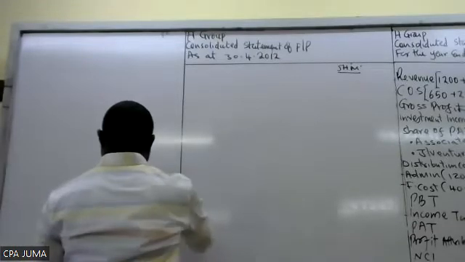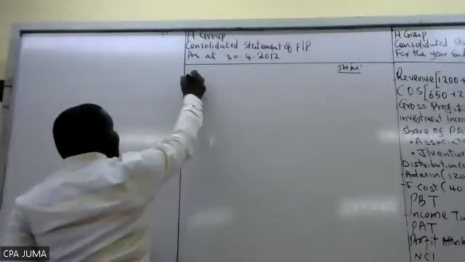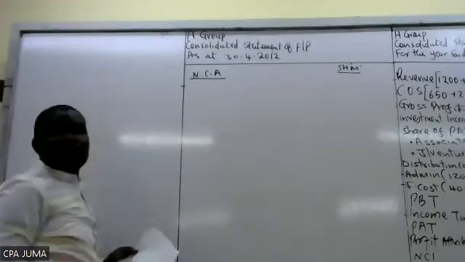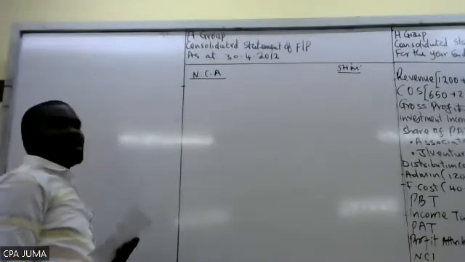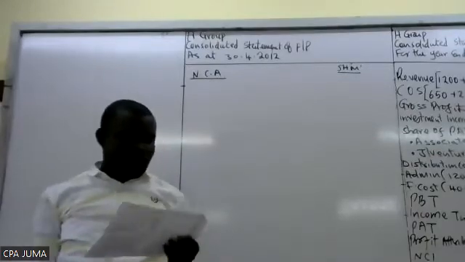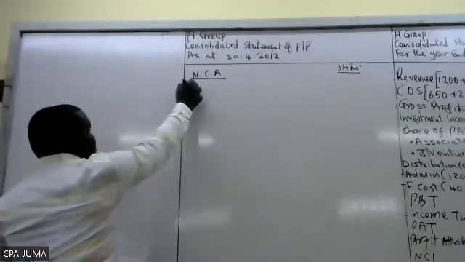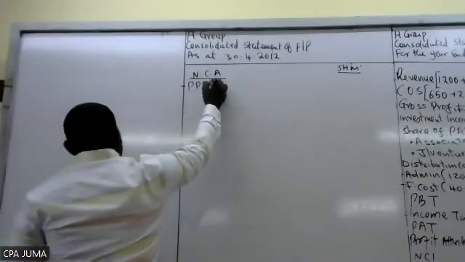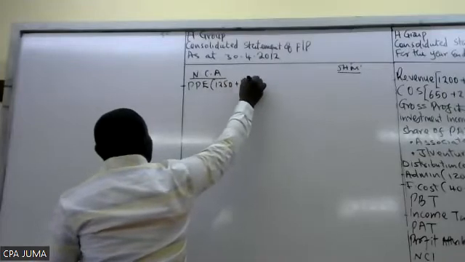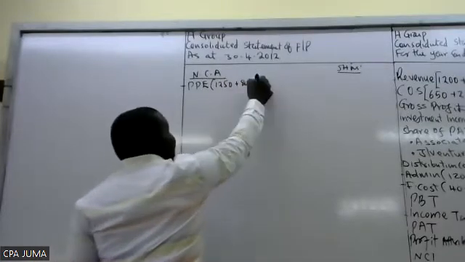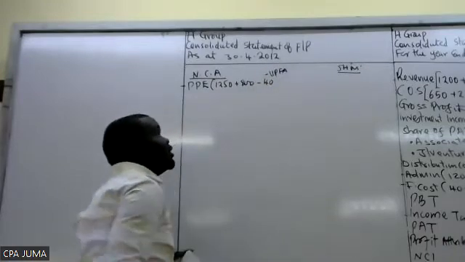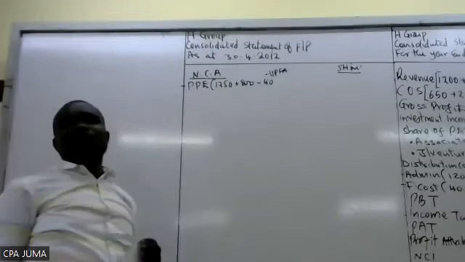So their balance sheet, non-current assets. Top down. PPE, so property, plant and equipment, 1250 plus 800 minus UPFA. You remember UPFA of 40? You subtract the UPFA from the assets.